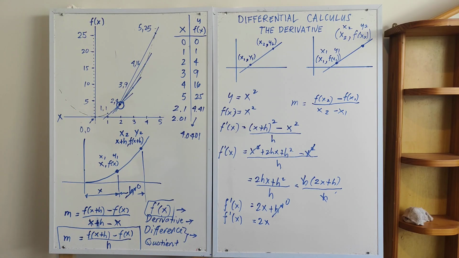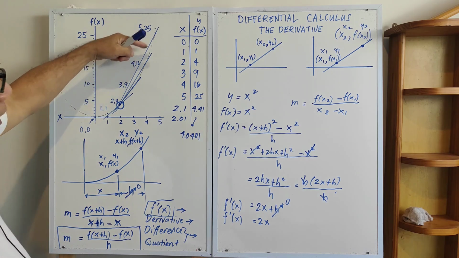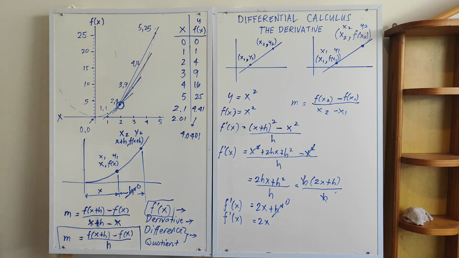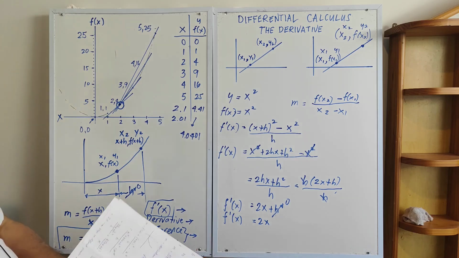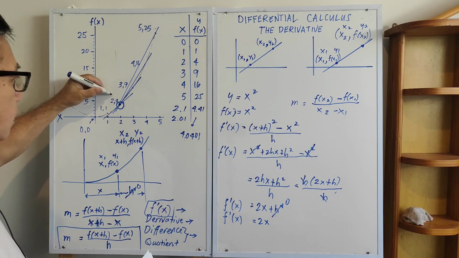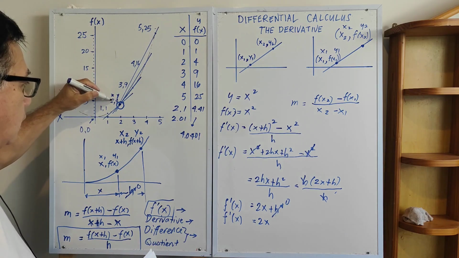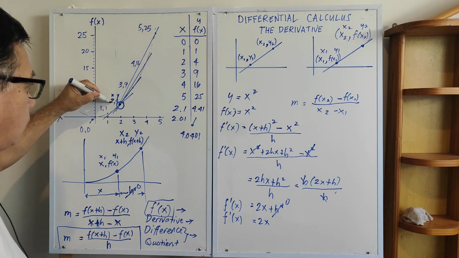Now what does 2x mean? Every point in the curve has a different slope. For example, you want to find the slope at 2, 4. So this is your point 2, 4. This is your x, this is your y. So your x in here is 2.